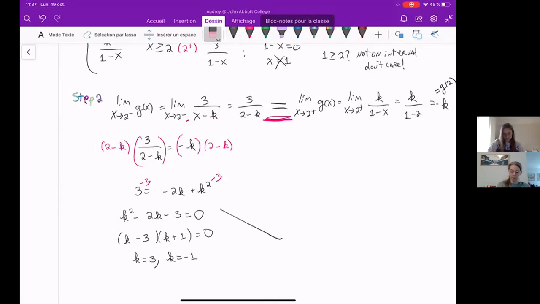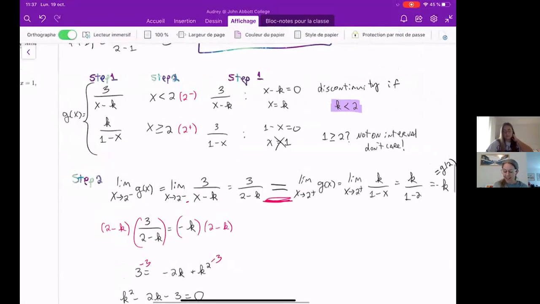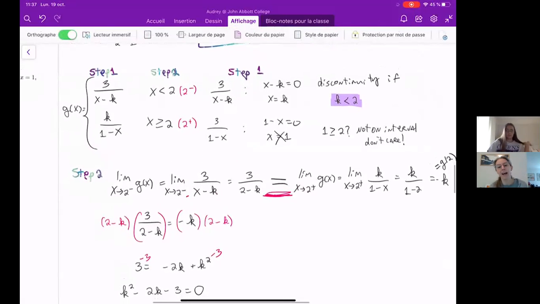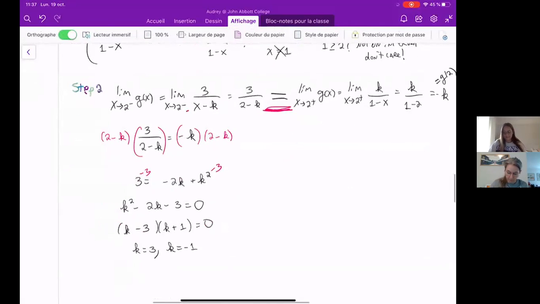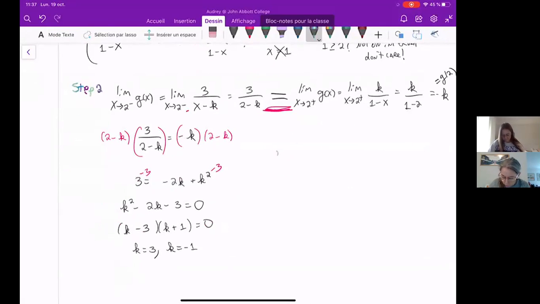Am I done with this problem? No, because remember, if k is less than 2, we have a discontinuity from step 1. Do I look at k minus 1? You got it. Of these, which cause a discontinuity?